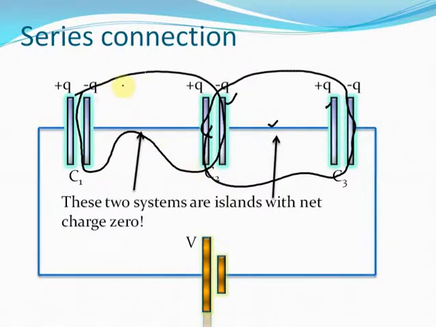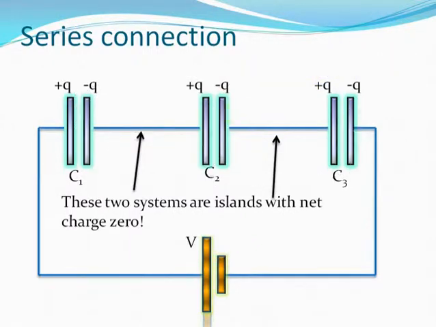And that means that the net charge on this island will be constant. So if there's a charge minus q induced on this plate, then a charge plus q must be induced on this plate to counter the charge minus q, because both these plates constitute an island. Similarly, if this charge plus q is induced on this left plate, in that case a charge minus q must be induced on this plate here, because this entire system is an island, isn't it?